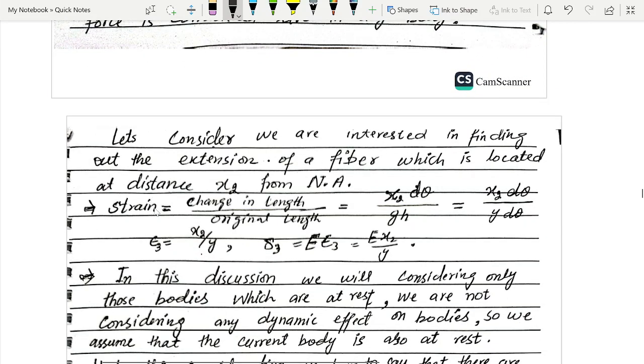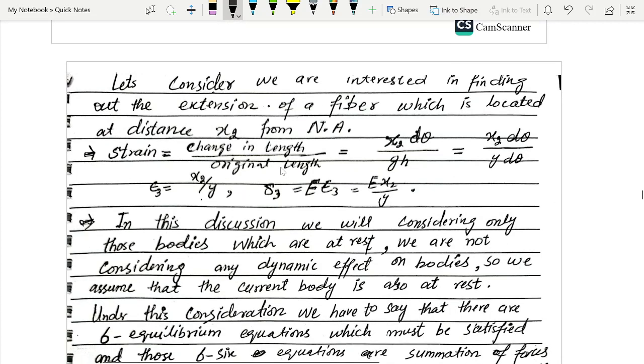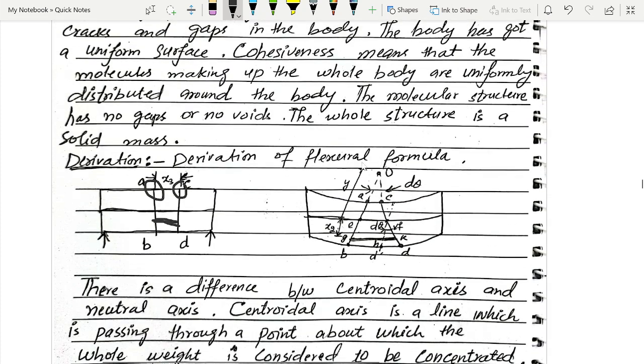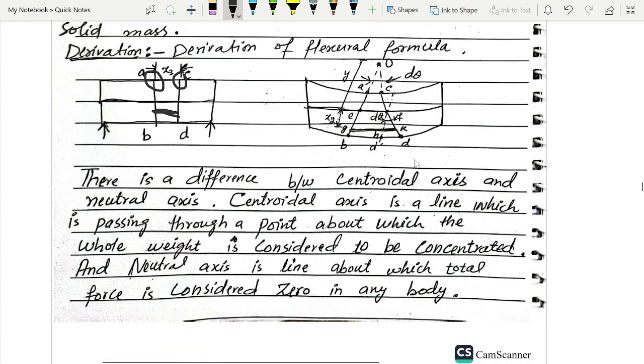So strain, we know that strain is change in length divided by original length. From this figure, what is the change in length? First, this was the original length, BD. As we know, the neutral line stays the same. It is neither extended nor compressed.